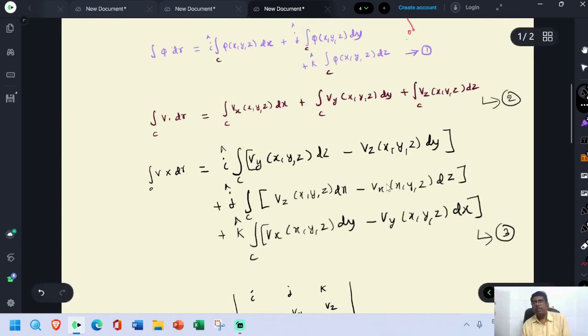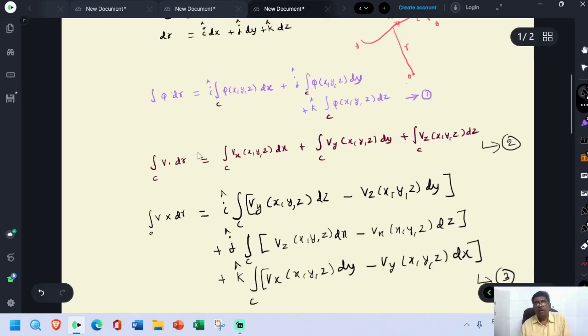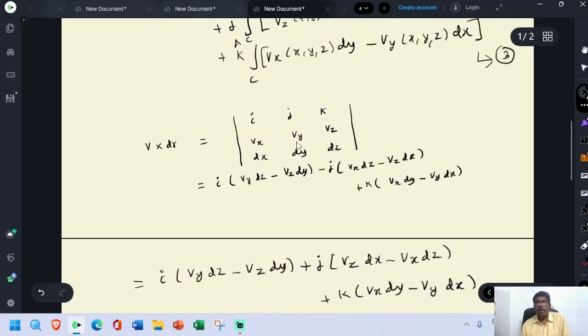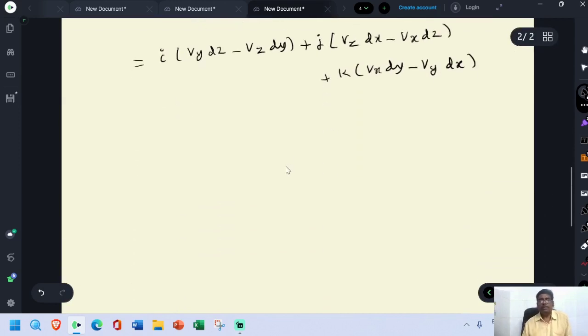From equations 1, 2 and 3, one thing we should know. i, j and k are constant unit vectors.